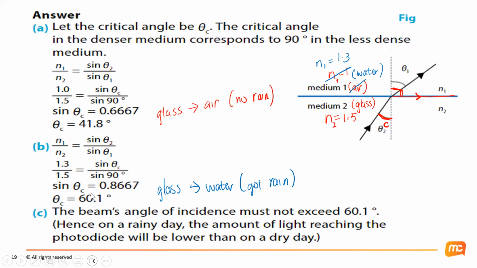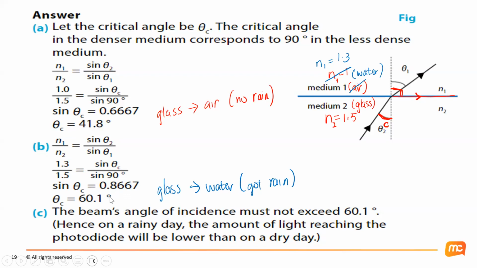In order for TIR to take place, in order for the light to not come out of the windshield and bounce back to the sensor, when it has rain, I need the angle to be greater than 60.1. If there's no rain, I only need the light ray to be bigger than 41.8. Then I will have TIR, and my sensor will detect a lot of light.